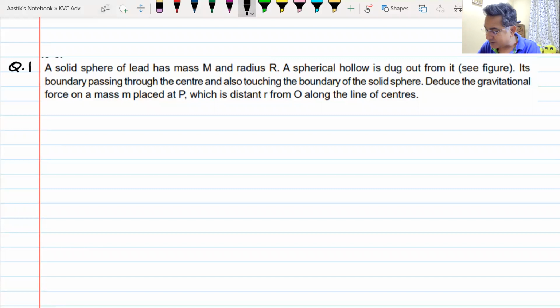What has happened here is a solid sphere of lead has a mass m and radius r. A spherical hole has been dug out from it. See the figure. So there is a hole in this, and I think I have given you the concept of how to do questions with a hole, whether it was a question on center of mass or on the moment of inertia.